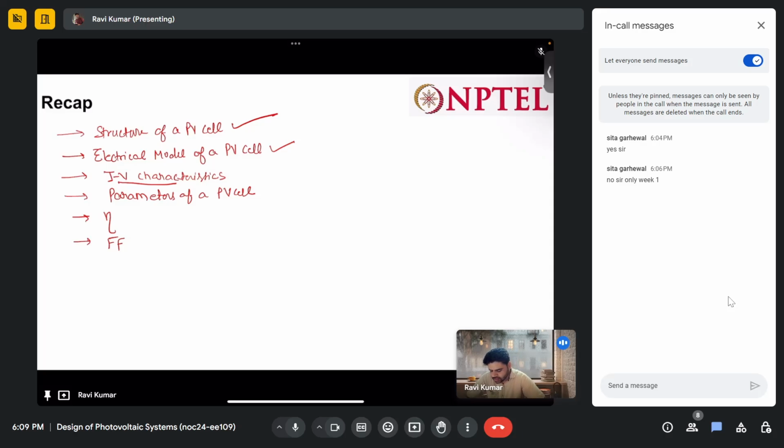Then why parameters? Because every time we cannot draw the full IV characteristics of a solar cell. If we have a large number of PV modules in the field, we cannot go and draw the IV characteristics of each and every cell installed in a PV power plant. So we have parameters: VOC, ISC, PMPP, that is the power at maximum power point, VMPP, the voltage at maximum power point, and IMPP, the current at maximum power point.